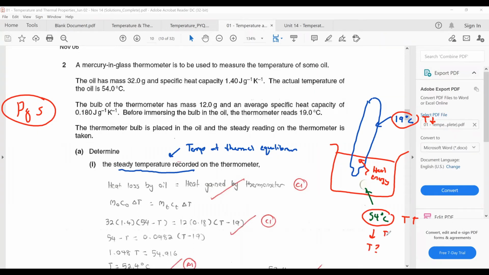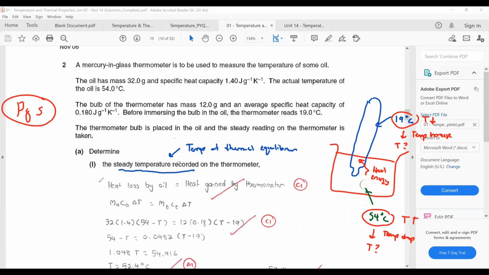But the thermometer itself will rise to the same temperature T. You would say that the heat energy lost by the oil is equal to the heat energy gained by the thermometer. This will drop to the final temperature, and this will rise to the final temperature.